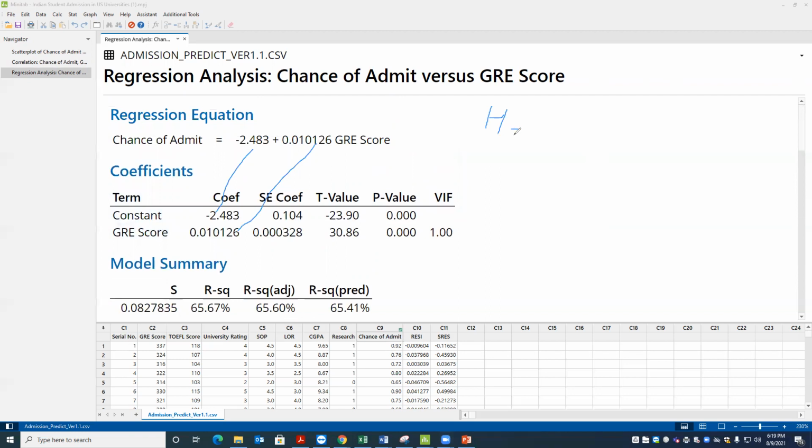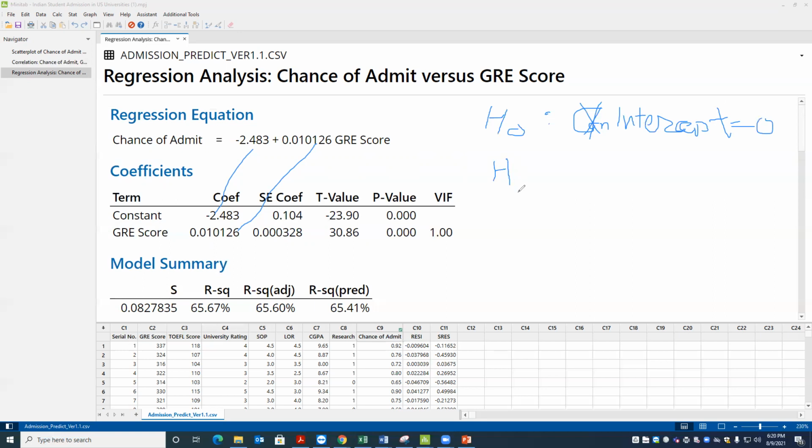So H0 is the constant, or I can write in simpler wording, I can say intercept. So null hypothesis, intercept equal to 0.